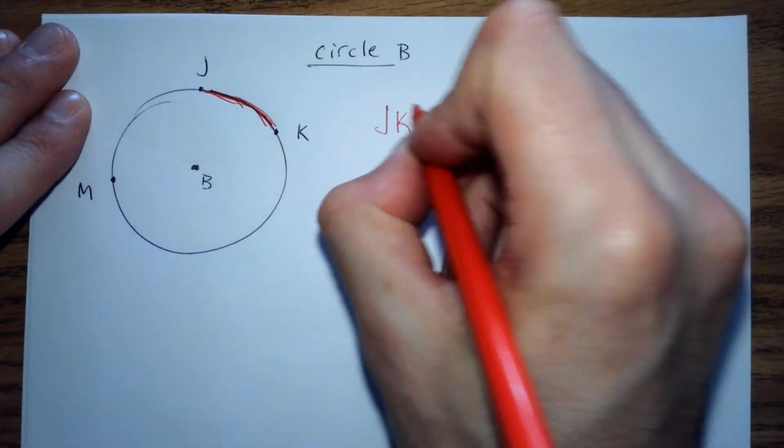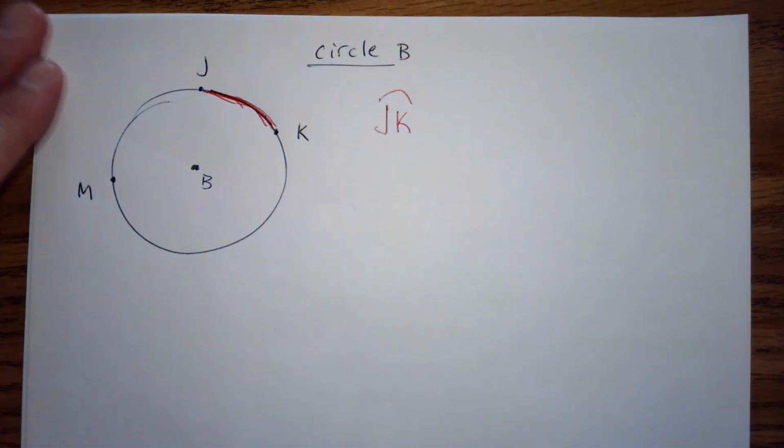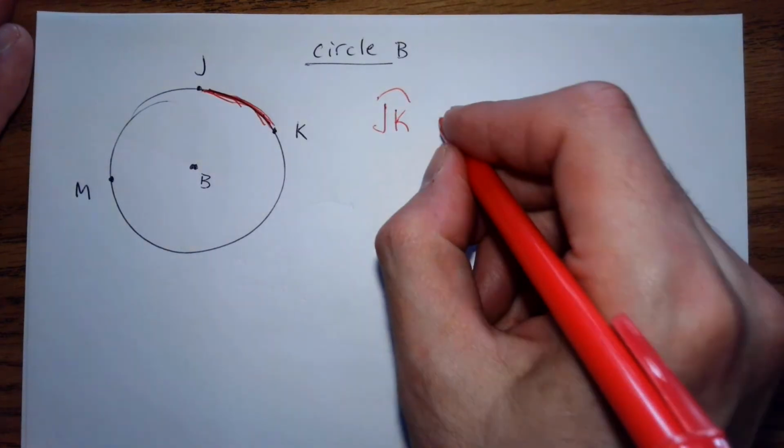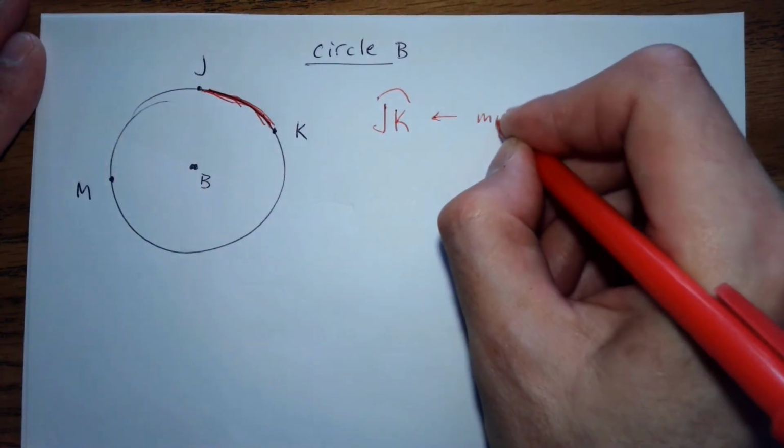And I'm going to call that arc JK. So later on we'll be able to figure out those lengths based on some other theorems. But right now we're just naming it. So that's length JK. And then also that's called the minor arc.